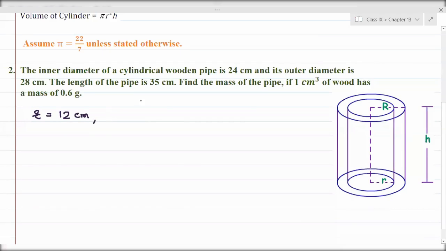Similarly, the outer diameter is given here 28 centimeter, so the value of capital R, meaning outer radius, will be equal to 14 centimeter. Okay, and the length of the pipe, means length of the cylinder, we shall refer as 35 centimeter, means height of the cylinder. Now what they are asking here, they are asking the mass of the cylinder.